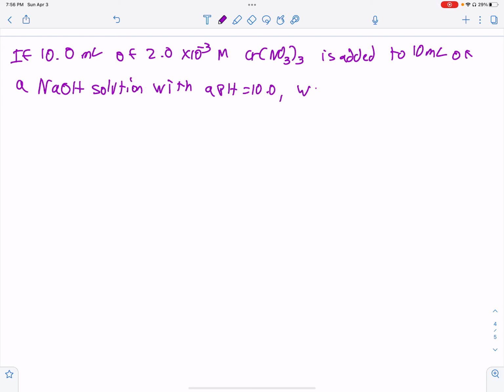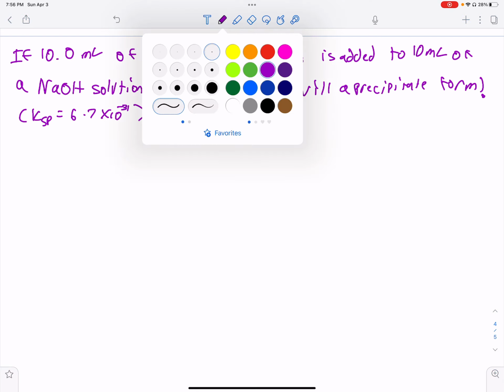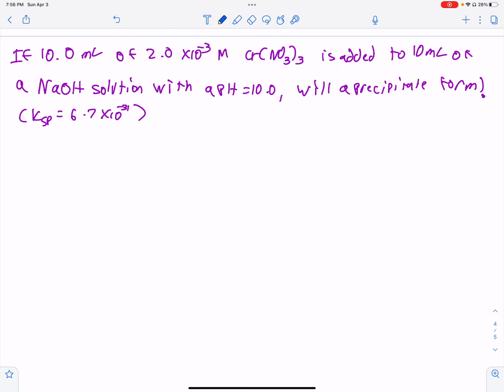Will a precipitate form? And the KSP is equal to 6.7 times 10 to the minus 31st. So it's ridiculously small. It's barely, barely is an understatement. It really doesn't dissolve. But this may seem intimidating. There's a lot going on here.